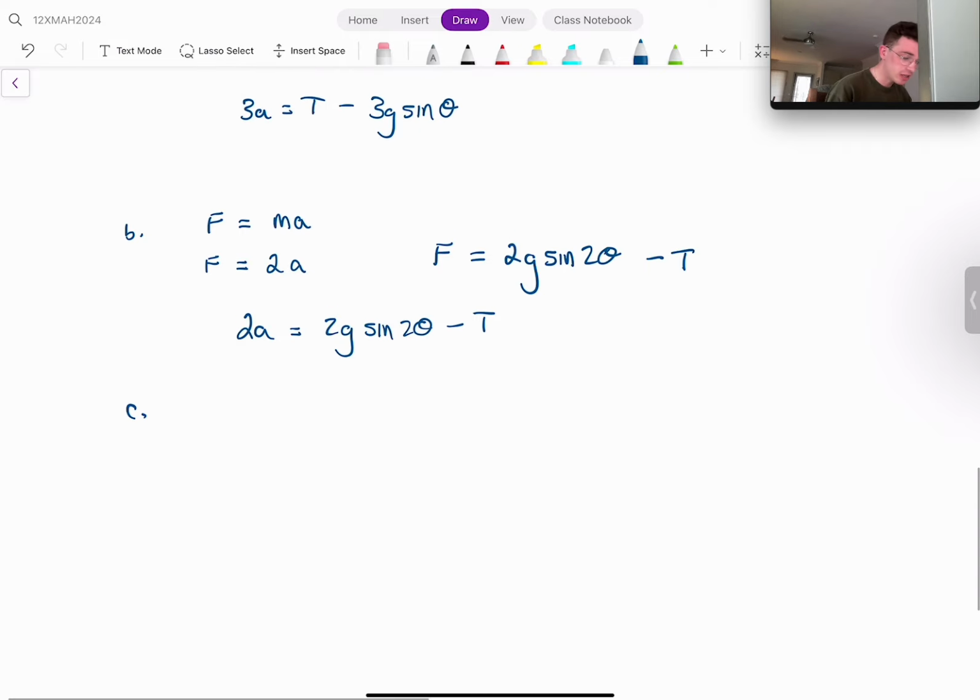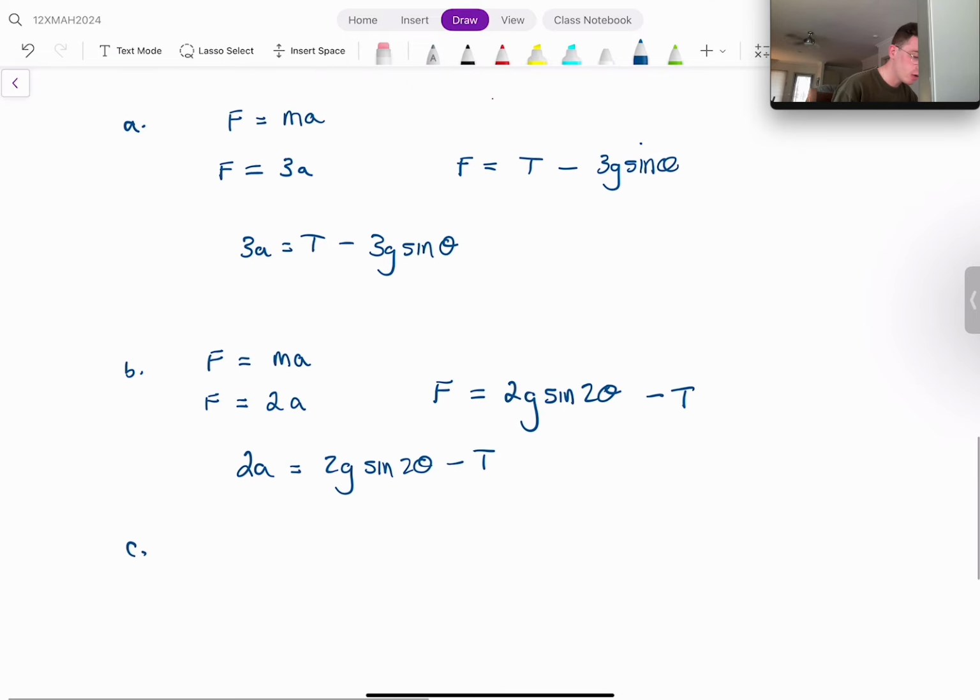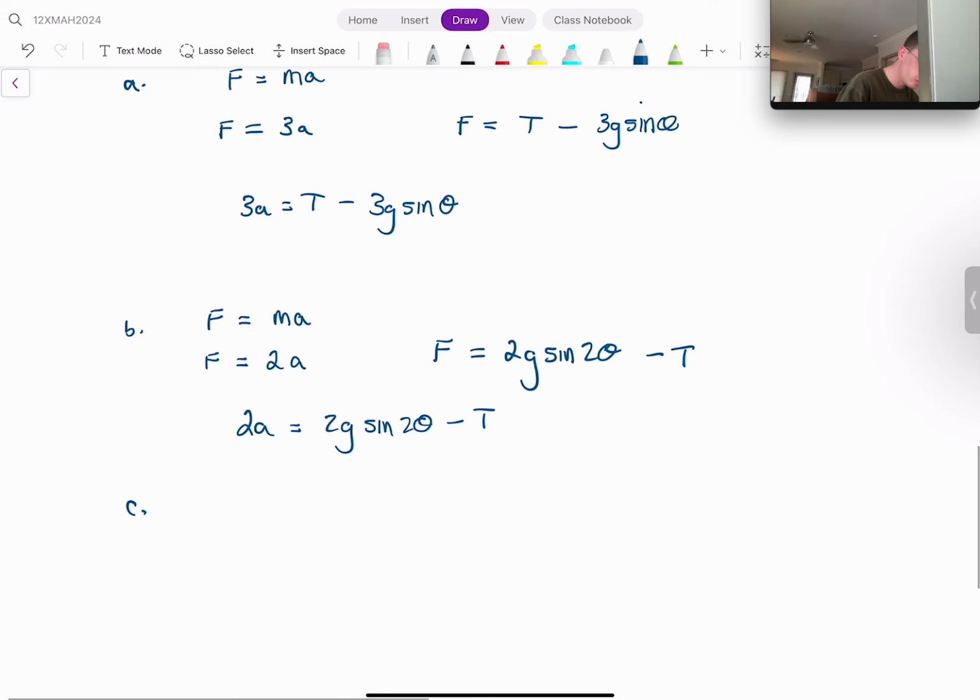So we're going to substitute a equals 0 into both of our equations. Our first equation, 3a, we're just going to have 0 is equal to 2 minus 3g sine theta. Importantly, our acceleration due to gravity is never 0. That can never be 0 on Earth. It's our acceleration we're making 0. So we're making this 0, but also this 0 here.